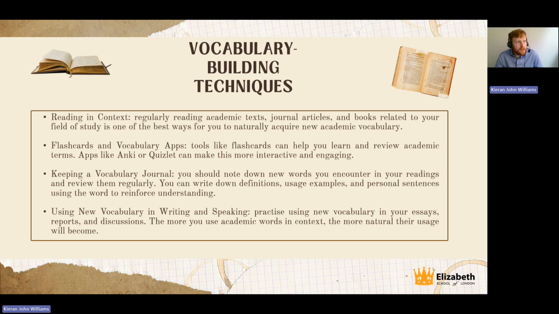For example, on our campus, we have business and management, health and social care, computing. Maybe you don't know too much about these things before you start, but by reading books from business management, you will learn business management vocabulary. And the same for the other topics. Only by looking at the texts that contain these words will you know what these words mean.